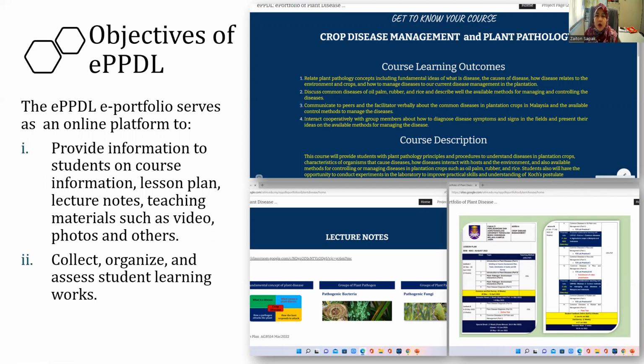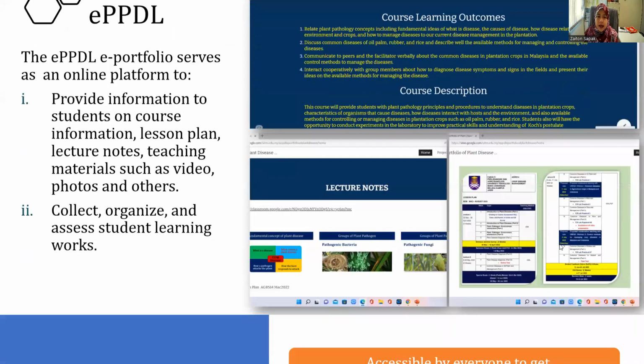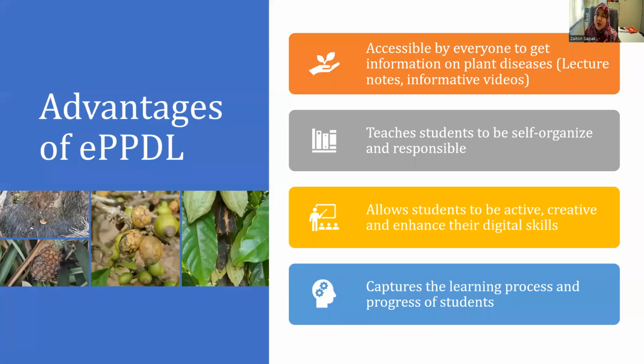There are two main objectives when we develop this E-Ppdl. The advantage of E-Ppdl, as compared to the conventional way: when we give tasks to students, one subject or course normally has about two or three assessments, and at UITM a maximum of four.